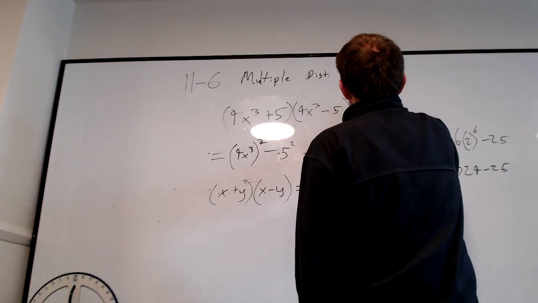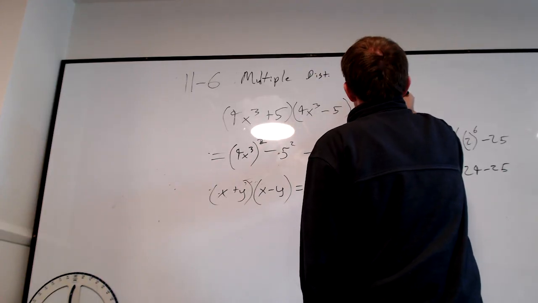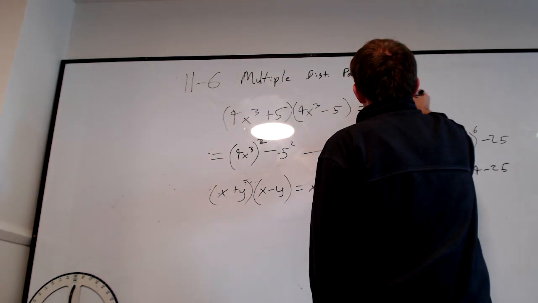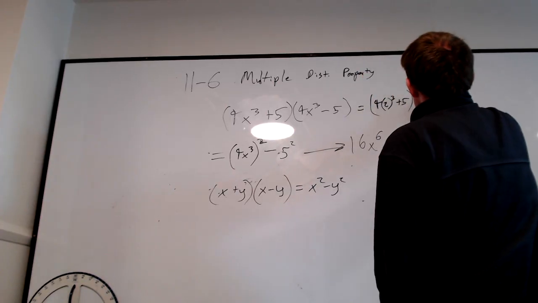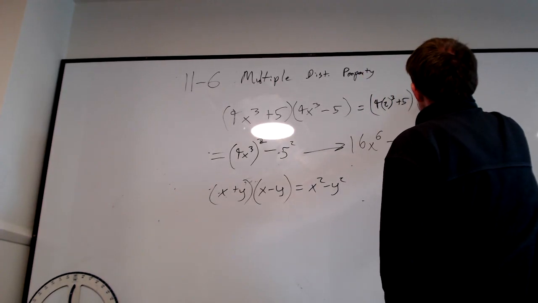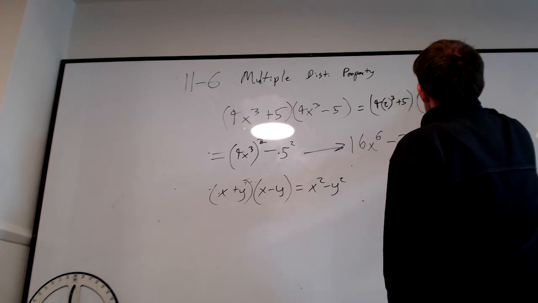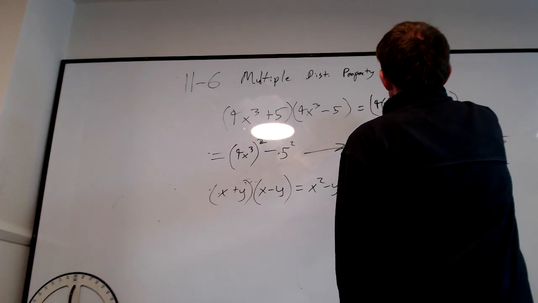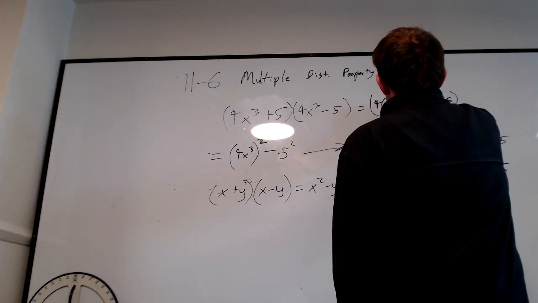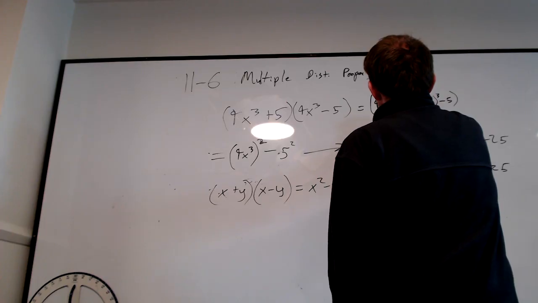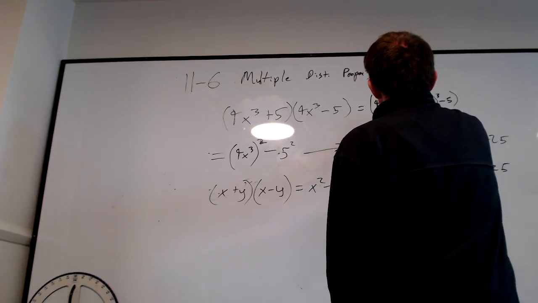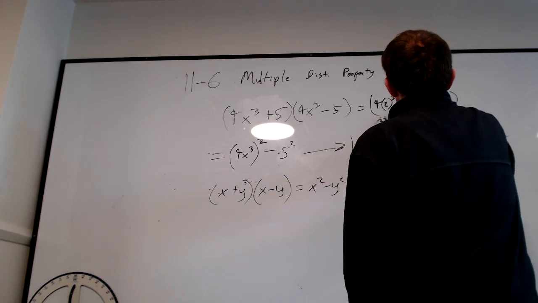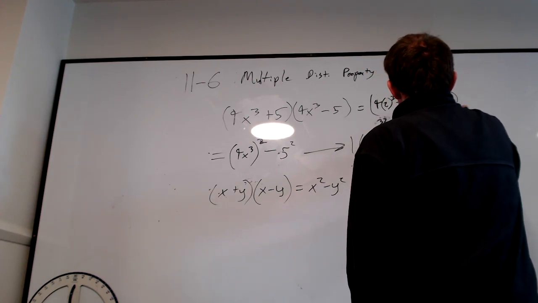Then let's try it up here. This is 4 times 2 to the 3rd plus 5 times 4 times 2 to the 3rd minus 5. So 8 times 4 is 32, plus 5, and 32 minus 5.